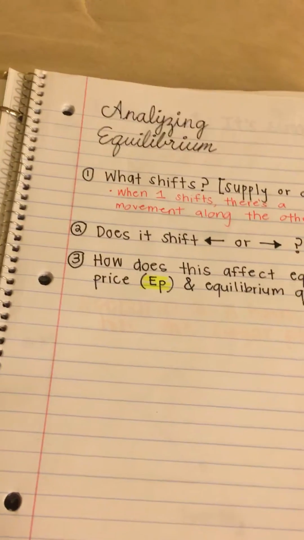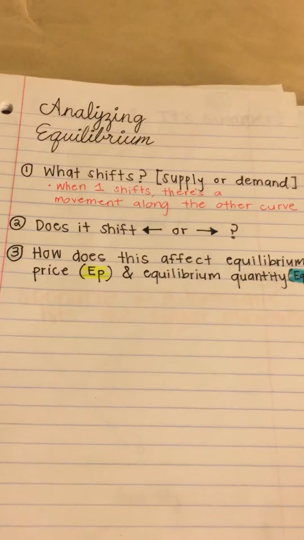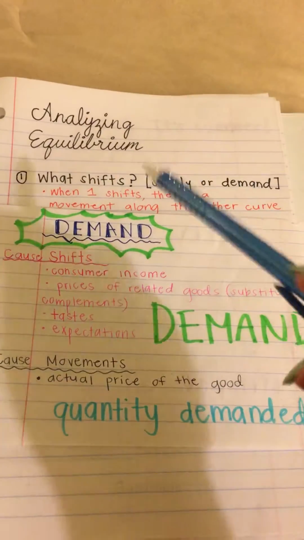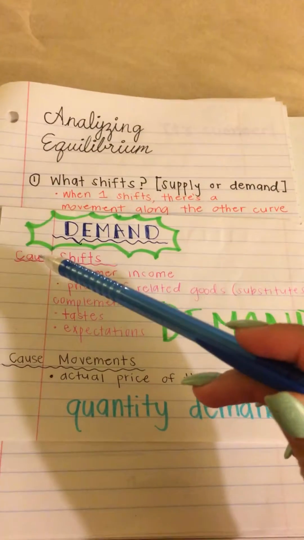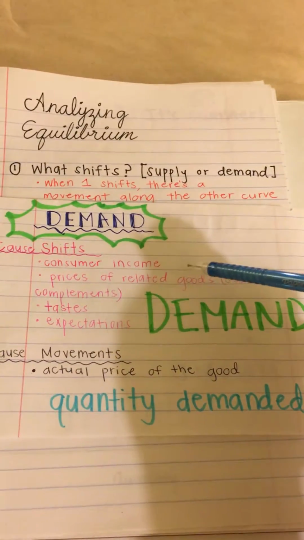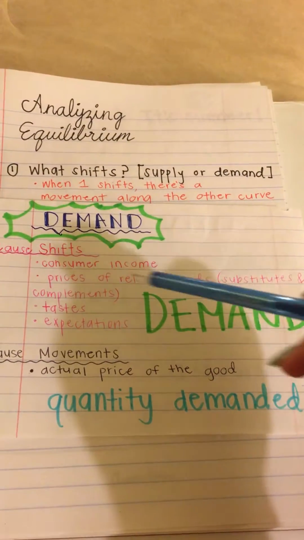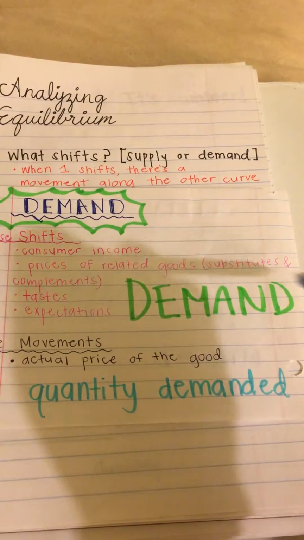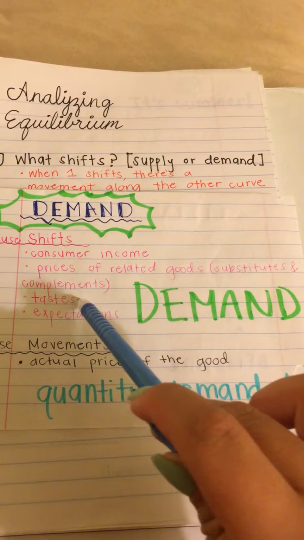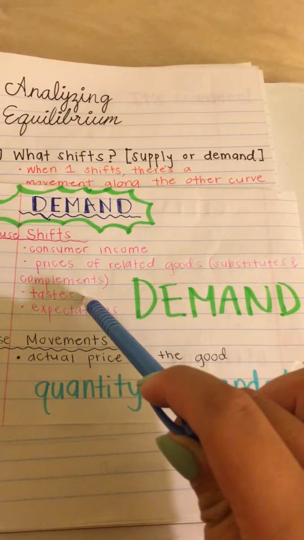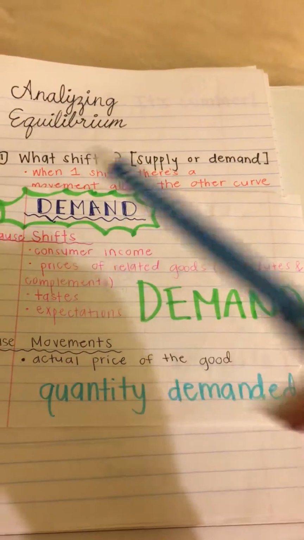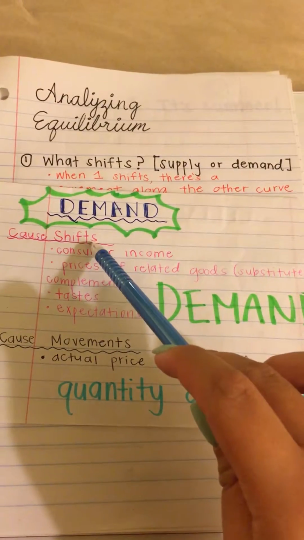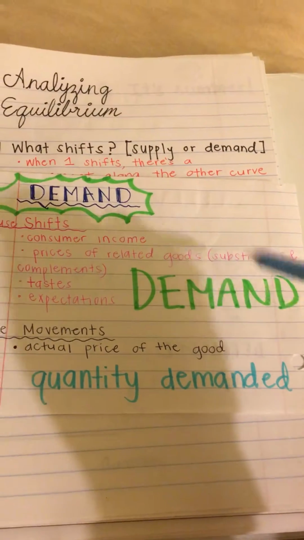Let's review demand and supply and what affects them. Demand. What causes shifts? Consumer income, prices of related goods. By related goods, I mean substitutes and complements. Tastes, which vary from consumer to consumer. And expectations. Shifts all belong to demand.